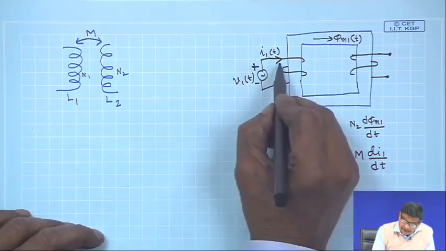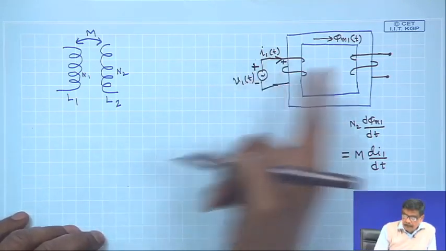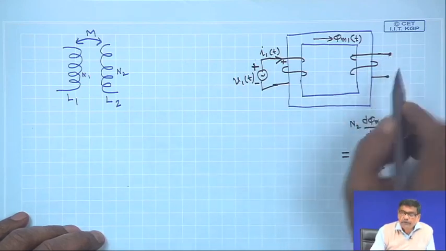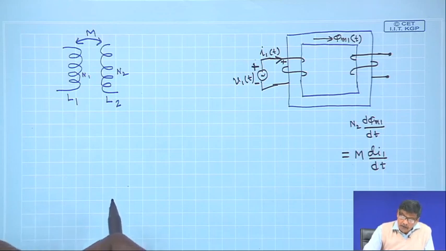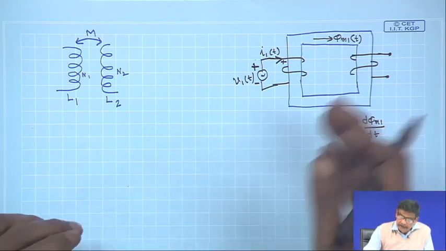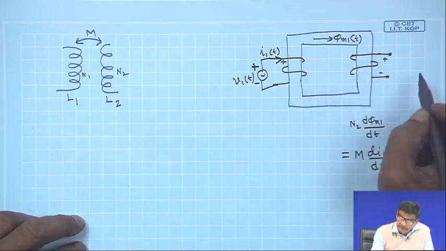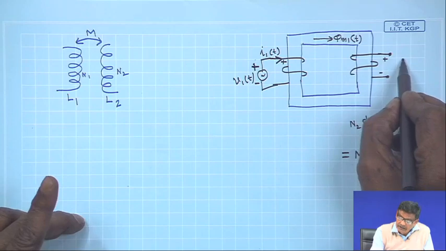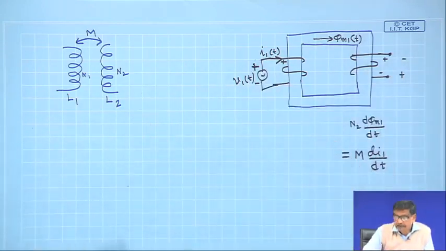Suppose at this instant it is plus, then which of these two will become plus? That is the question being asked. The answer could be either this is plus or this is minus, or this is minus, this is plus. Only two options. Out of this, I have to choose the correct option.